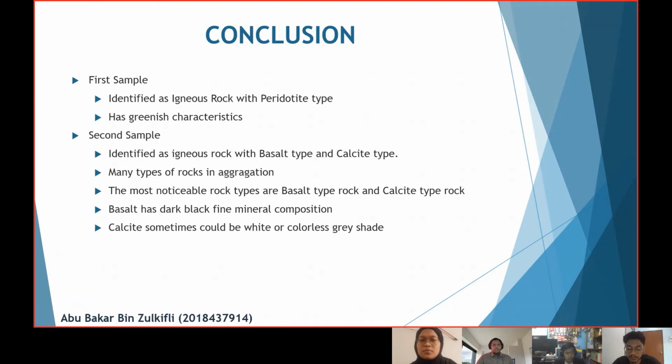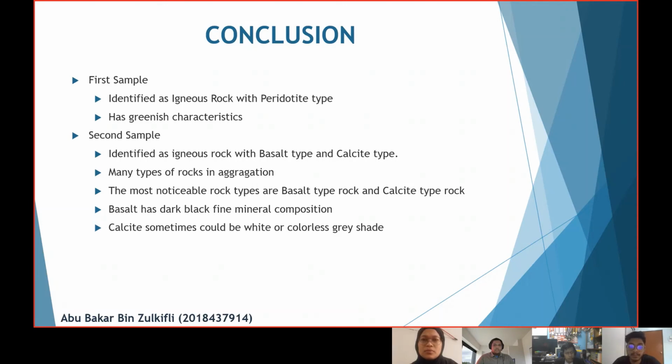So for the first sample, the rock is igneous rock of the peridotite type. This is due to the greenish characteristic, and as Muhammad Aiman has discussed in the discussion, this is due to the high temperature and the greenish characteristics. For the second sample, the igneous rock is identified as basalt type and calcite type.